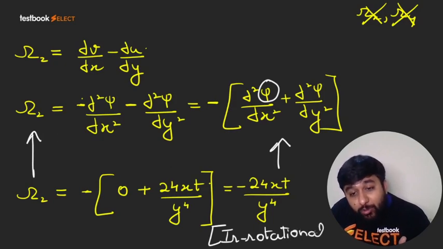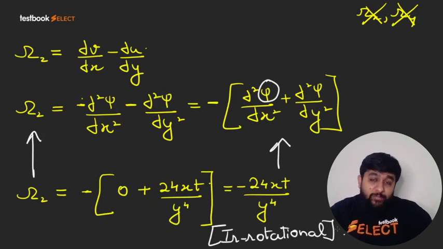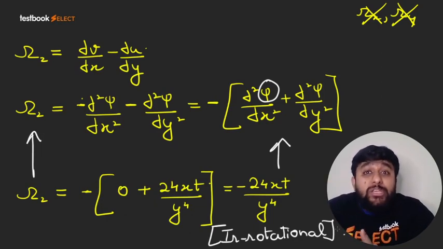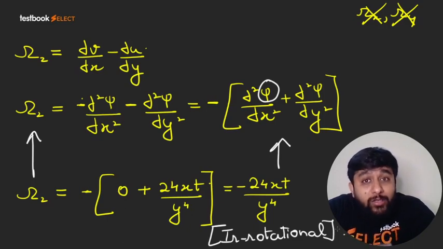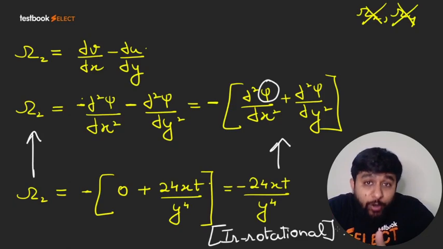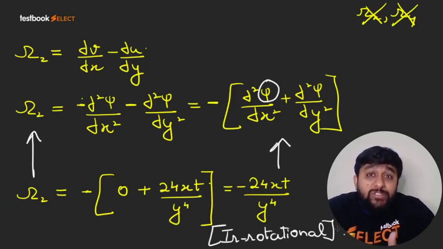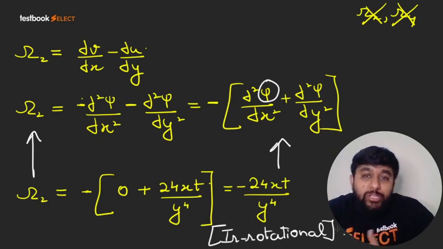Please guys, do remember, rotationality has nothing to do with the stream function. Incompressibility is important for the stream function. So if the flow is incompressible, you can define the flow by stream function. Now this particular flow which we are defining by stream function can be rotational as well as irrotational.